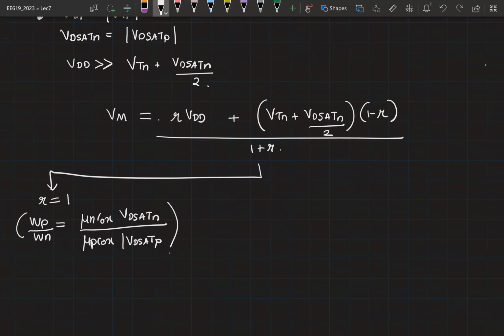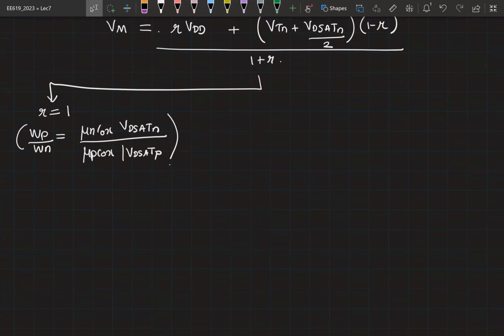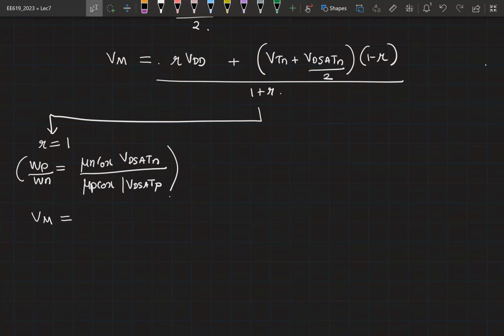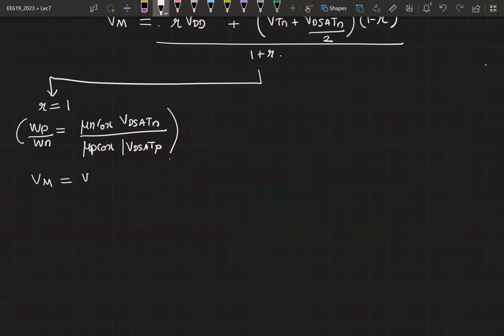You can cancel it, right? I'm retaining the equation as it is. So if I assume R is equal to 1, what is the value of Vm? Everyone is getting VDD by 2. So this gives you VDD by 2.